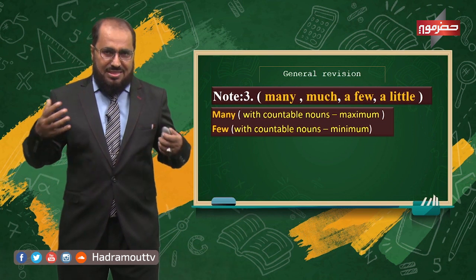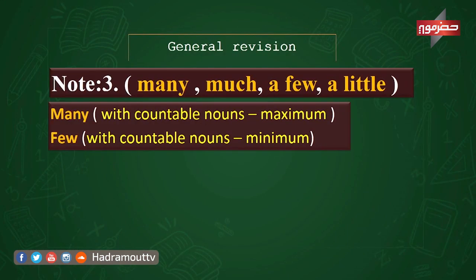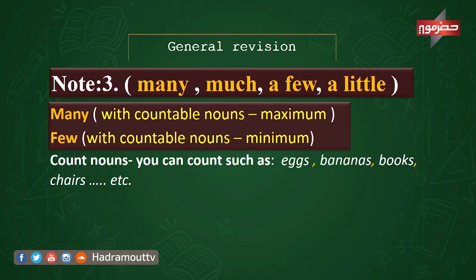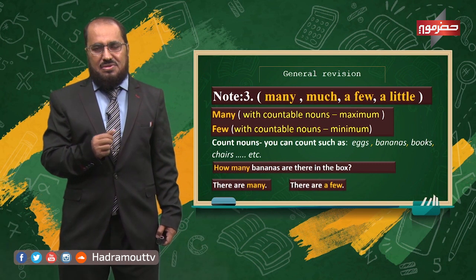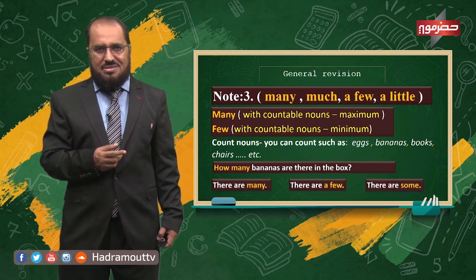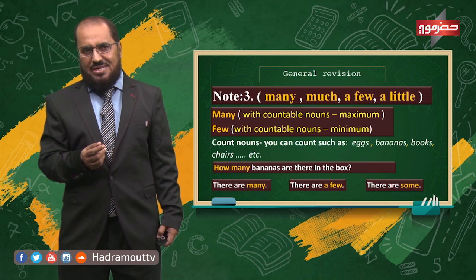Few with countable nouns too, with minimum. أما few هذه نستخدمها برضه في المعدود لكن لإظهار less or small amount القلة. Examples here. Count nouns you can count such as eggs, bananas, box, chairs, and so on. How many bananas are there in the box? There are many. There are a few, maybe 2 or 3. There are some, okay? This is for countable.